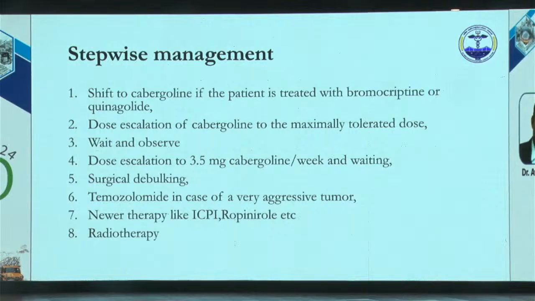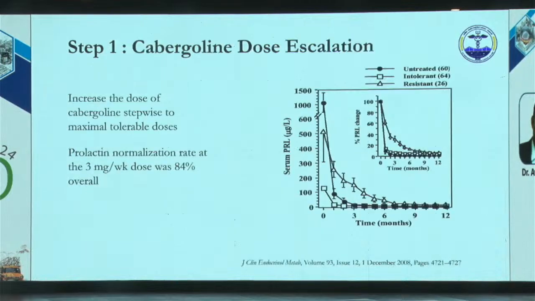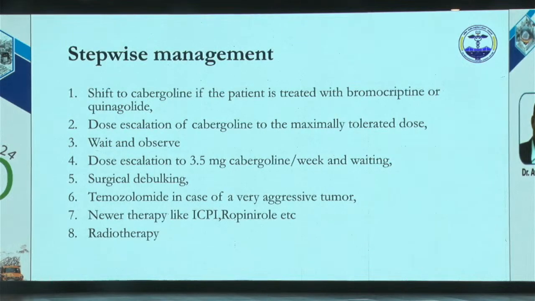The first one will be shift the patient to cabergoline if the patient is on bromocriptine or quinagolide. Established evidence is there that cabergoline is much more potent compared to bromocriptine. So definitely you shift from bromocriptine or quinagolide to cabergoline. That is the first step.